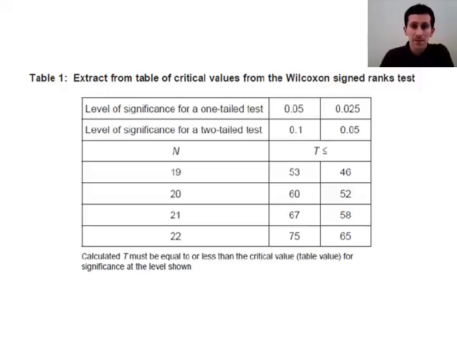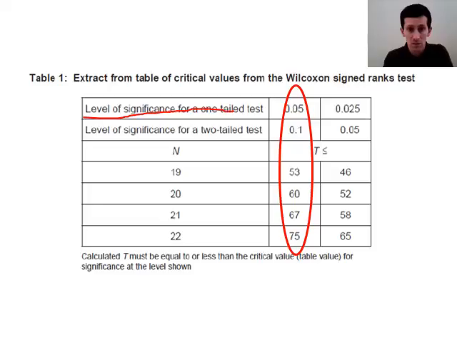So we've got our table again. And now we know we're using this column here. We already know that we're using the one-tailed test because it was a directional hypothesis, and we're using 0.05. So we're down this column here, because that's 0.05.